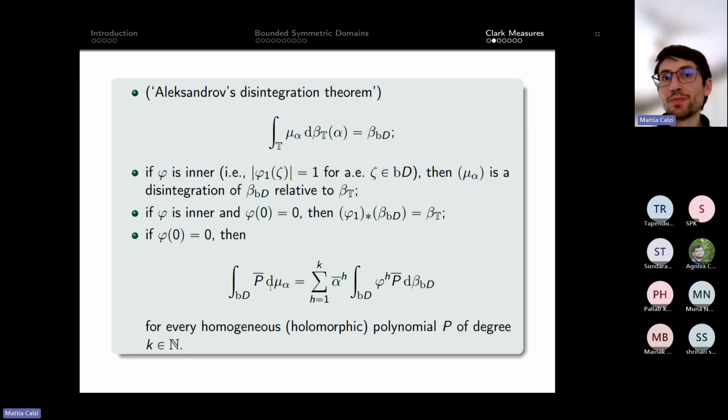And since the measure is orthogonal to the polynomials which are orthogonal to pluriharmonic polynomials, in principle, you know the integral against any polynomial, pluriharmonic or not. But in order to do so, you have to decompose the polynomial into its parts, which is not completely obvious. But in principle, this is a complete description of the measure mu alpha, even though rather implicit.